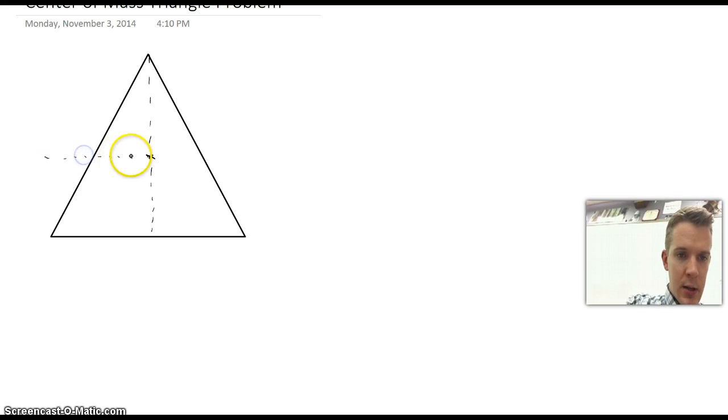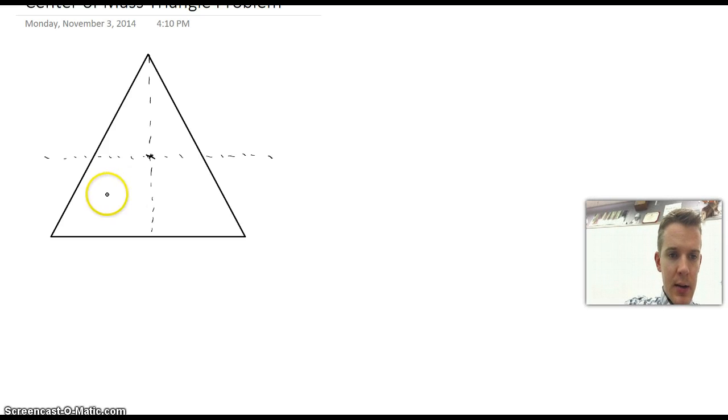So let's do a line across. If you look at this, left to right, there is as much mass on the left of my vertical line as there is on the right. So the center of mass must lie along this midline, but it can't lie along this line, and the reason is there's more mass below the line than there is above the line.